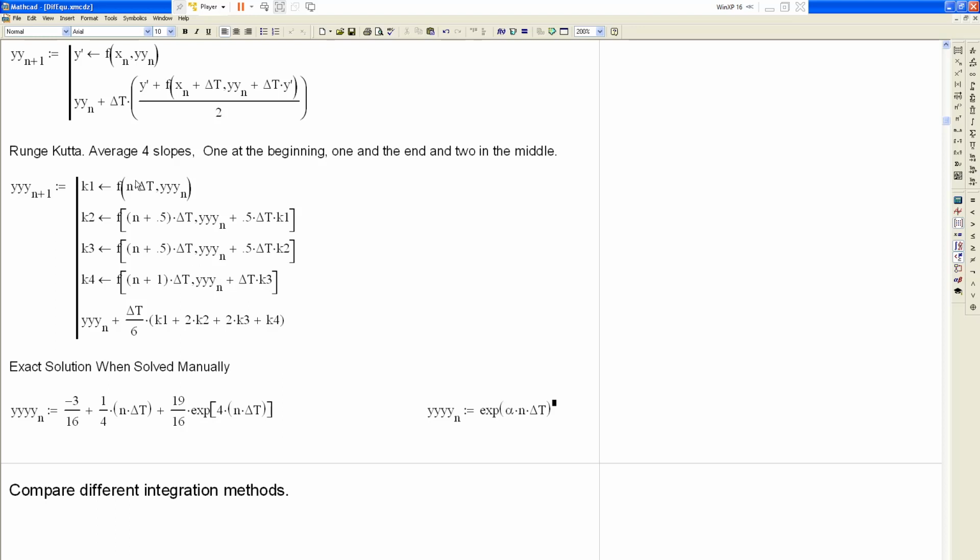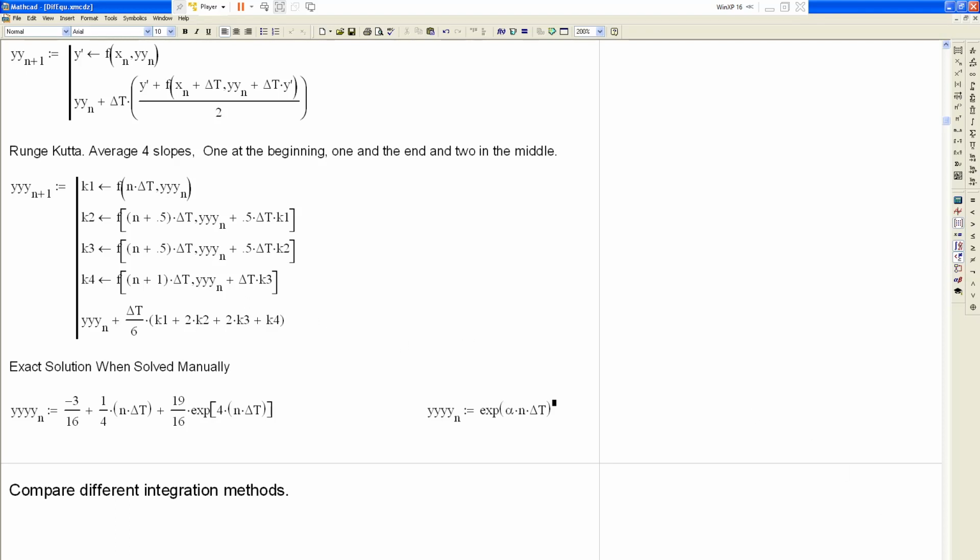So we end up with four different slopes. But what we've done is we've weighted the two middle slopes by a factor of 2, and then we've multiplied it by the delta t and divided by 6 to make it so that it all comes out to 1. So this is 1, 2, 2, 1, which is 6 divided by 6, and we get a much better slope.